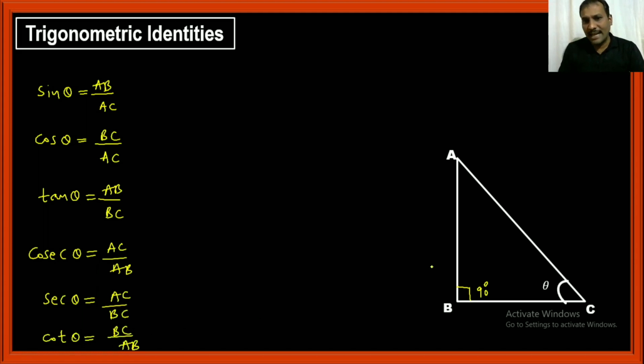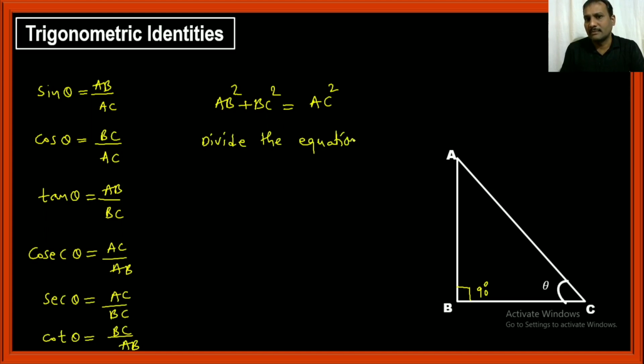Now from this triangle, as this is a right angle triangle, from Pythagoras theorem we can say that AB square plus BC square is equal to AC square. Now divide the equation by AC square.